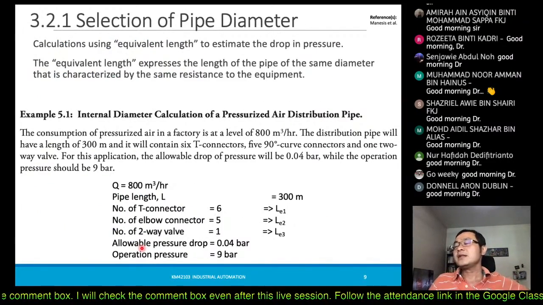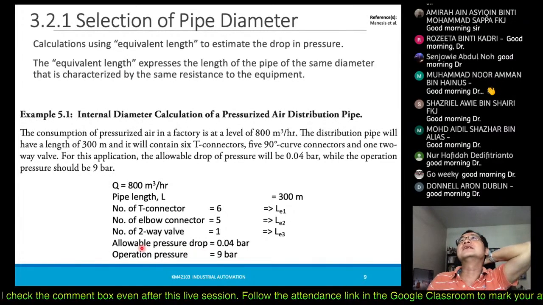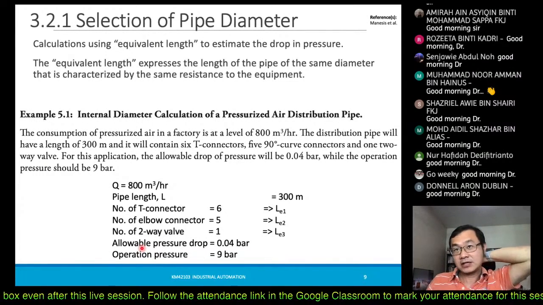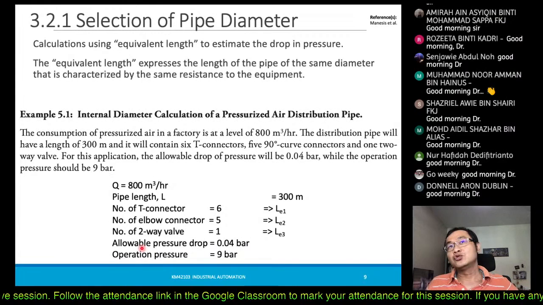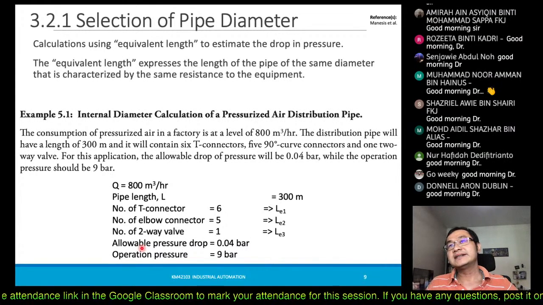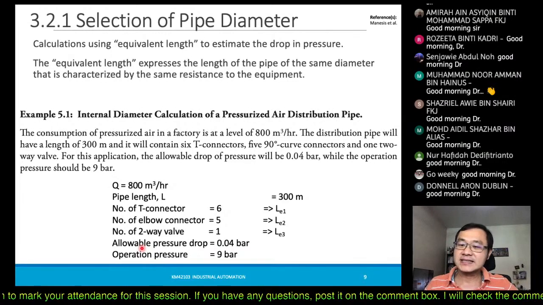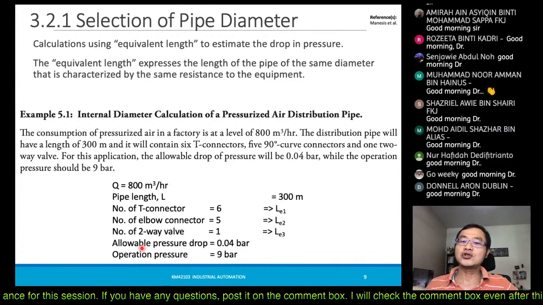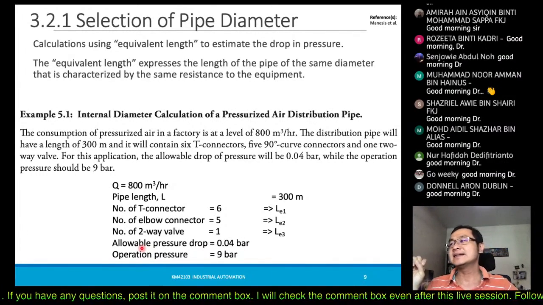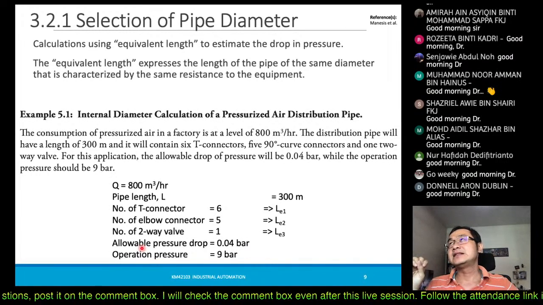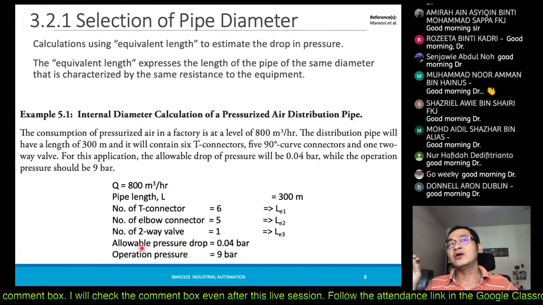All right, now we come to the selection of the pipe diameter, to deliver the compressed or pressurized air from your source to your desired valve or system.